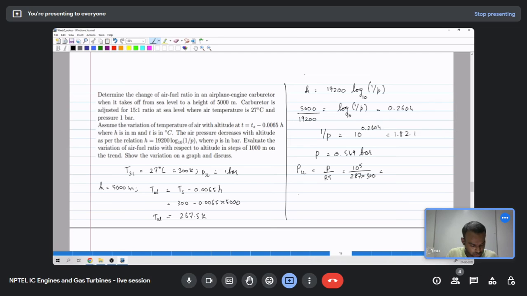This is 1.161 kg per meter cube. Similarly, rho at altitude is the same P by RT, where P is 0.549 into 10 power 5 divided by 287 into the temperature at altitude, which is 267.5. This is 0.715 kg per meter cube.